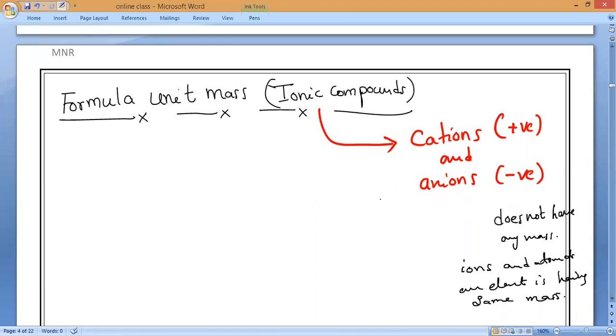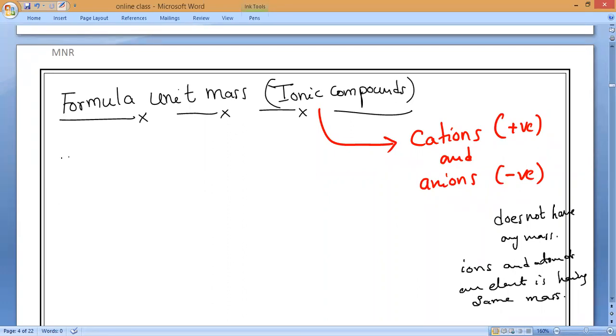So charge is not important for calculating the mass of any ionic compound, because charge does not have any value. But what word will we use when we have ionic compounds? We will use formula unit mass. In the exam also they will ask you to calculate the formula unit mass, which indicates that it is an ionic compound. That is what you have to remember.